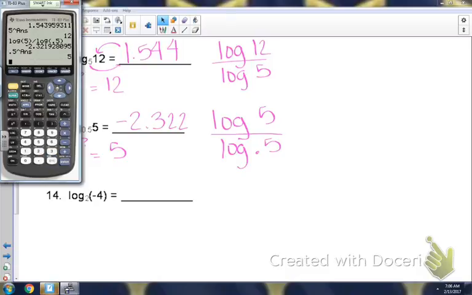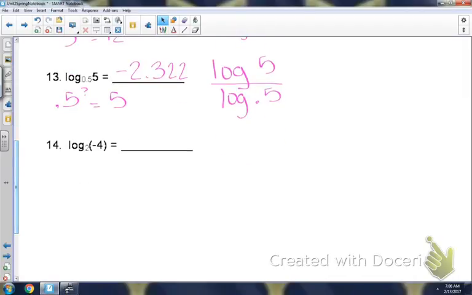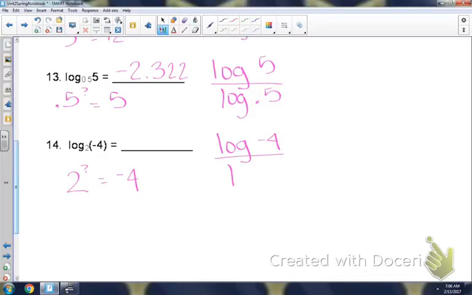All right, and 14. We have log base 2 of negative 4. What power is going to give me a negative 4? Okay? All right, so I would take the log of negative 4 over the common log of 2.